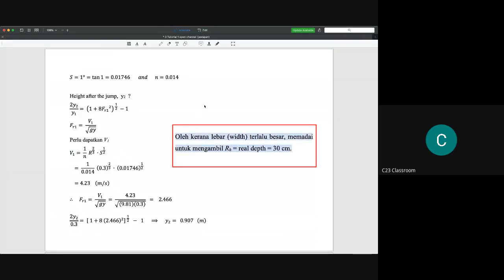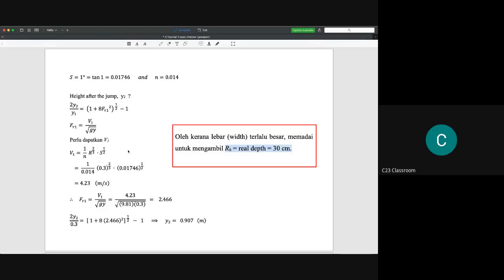If the width is too big, it is okay for us to assume that the hydraulic radius is equal to the depth. It means if the width is too wide, the hydraulic radius can be taken as 30 centimeters as given in the question.